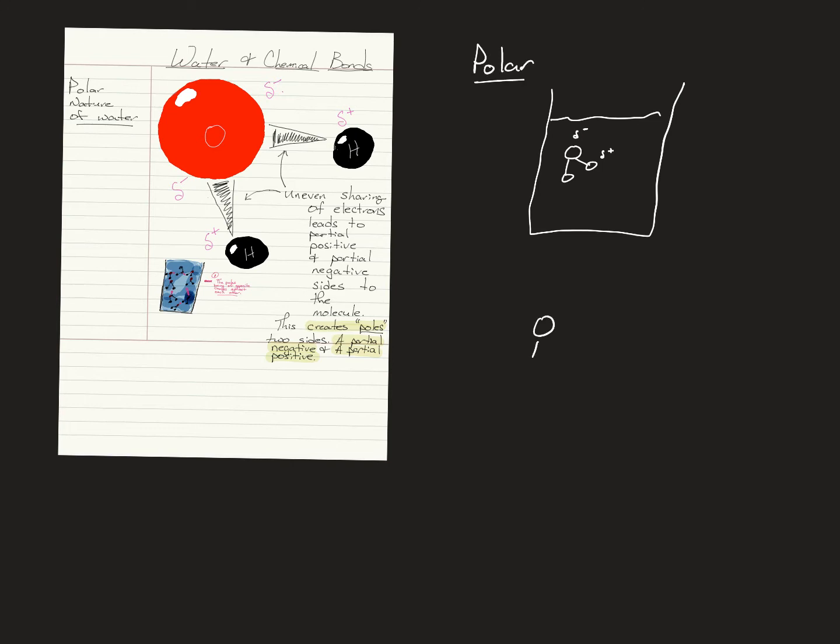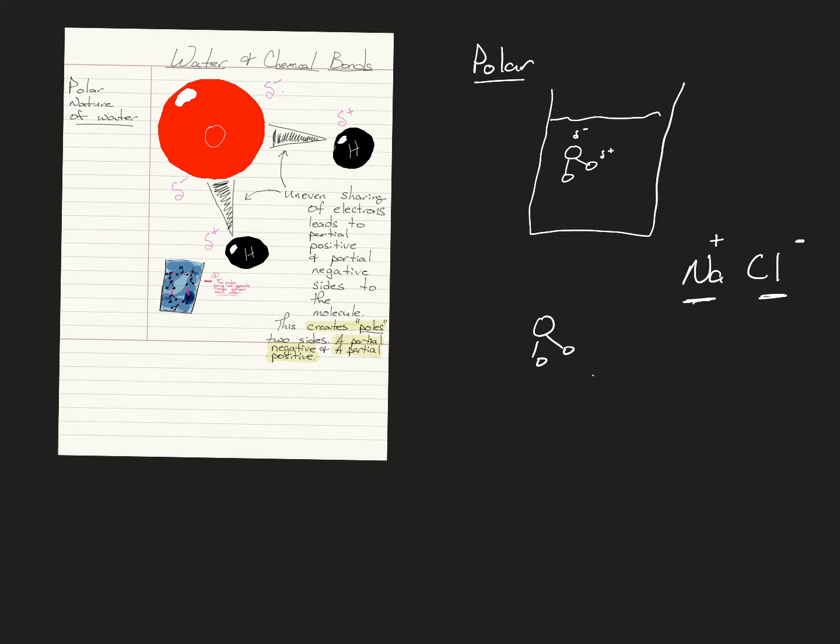When you add sodium chloride, it is an ionic compound the way you learned about them yesterday. They have a positive ion called sodium and a negative ion called chloride.